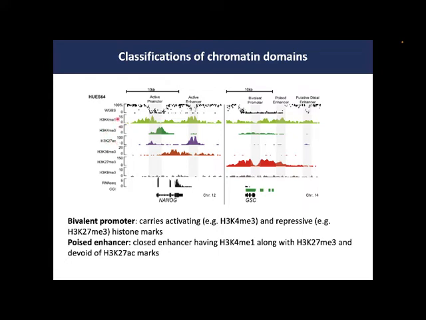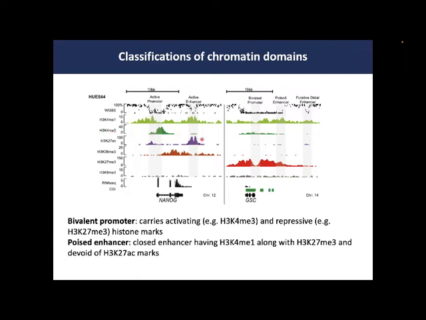So we can specifically pull down the DNA fragments associated with this type of modification. These peaks represent the frequency, the probability, of this modification existing in the genome. So here, this region contains a higher level of K4 trimethylation compared to the other regions of the genome.